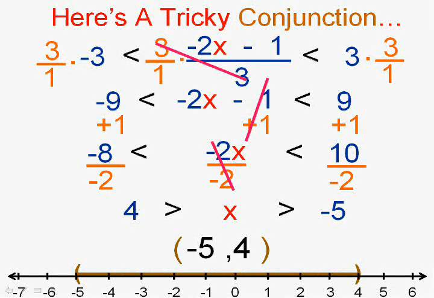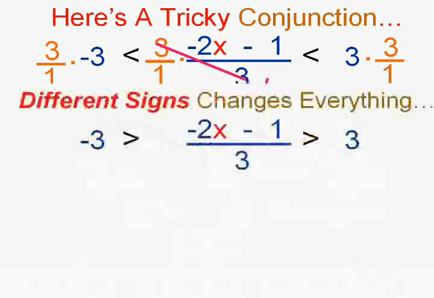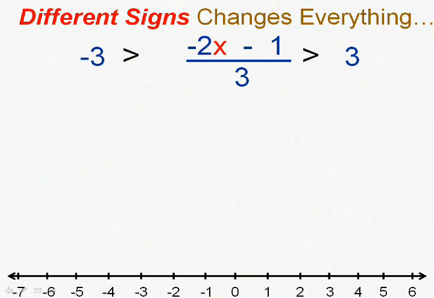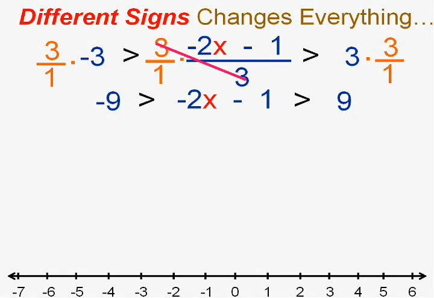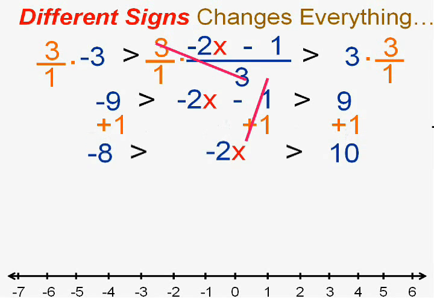Now let me change this problem just a tweens. And it's going to change everything. I have the same problem except the signs have been changed to the other way. Okay? Still going to use your LCD, man. Still going to add 1 to everybody. Still going to divide by -2.